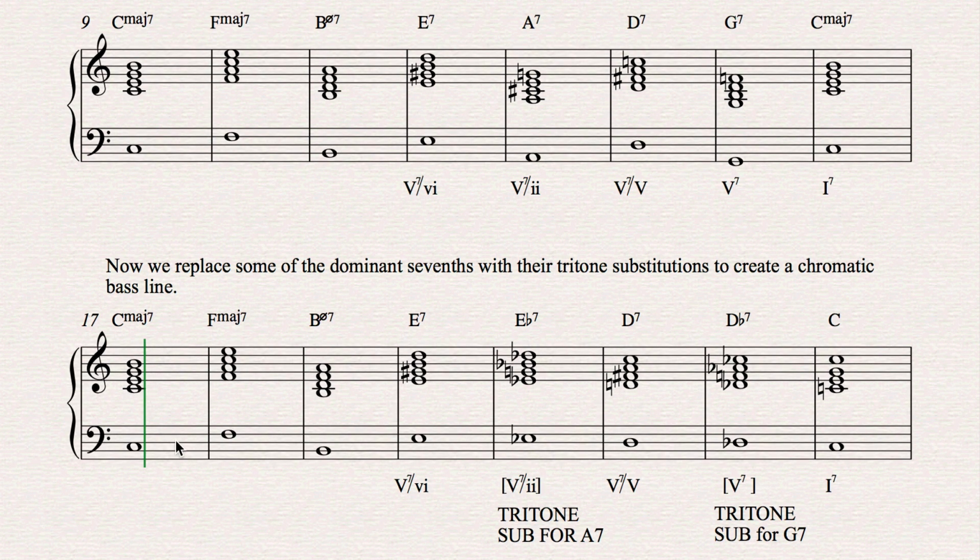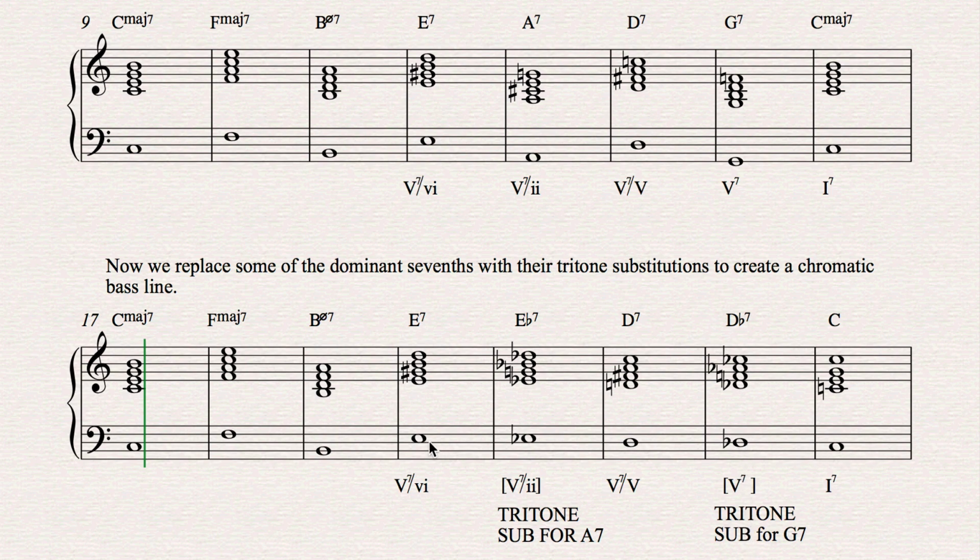So here again I have the same beginning of my progression, and I get to my E7 chord, but then instead of going from E7 to A7, we use the tritone substitution for A7, which is E flat 7. So it's a dominant 7th chord, a tritone away. And then we do our normal thing that we were going to do, D7, and then we do the tritone substitution for G7, and then we land on 1.